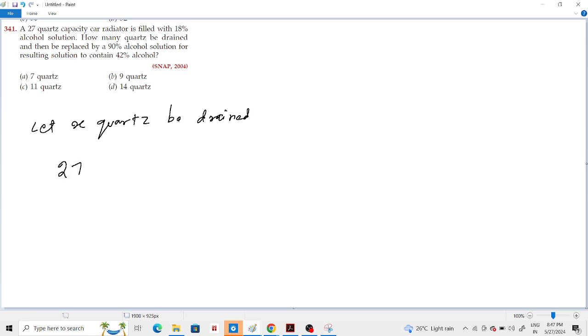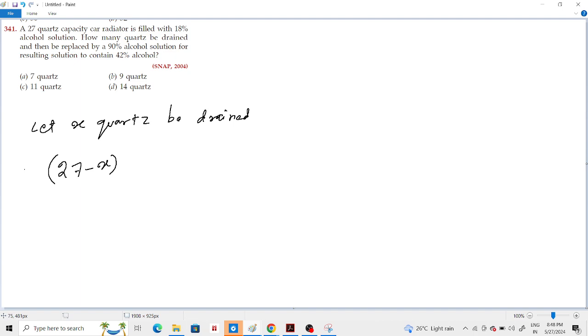You see 27 minus x. 27 quarts was there, out of which x quarts has been removed, and this contained 18% alcohol. So x quarts is removed and that same amount of 90% alcohol solution is added, so that the resultant mixture has 42% alcohol. Now how to frame this in an equation form?